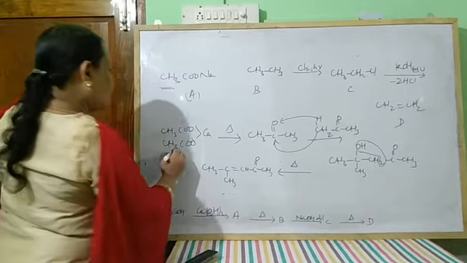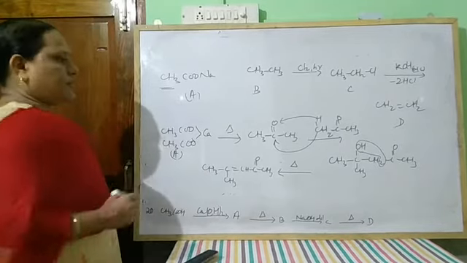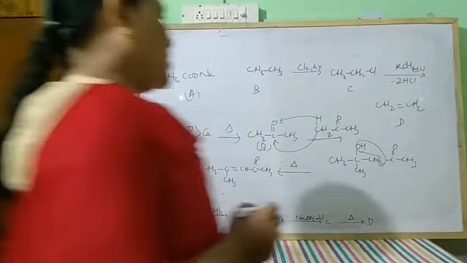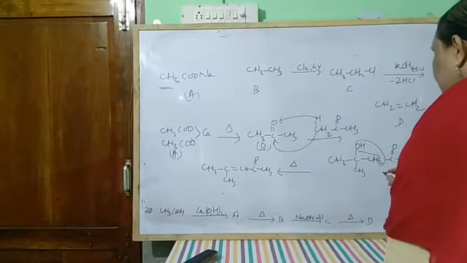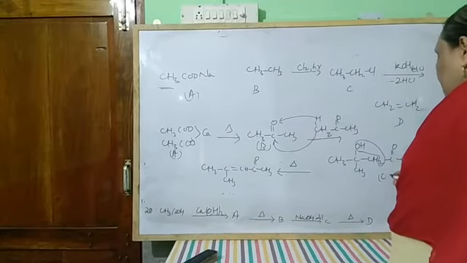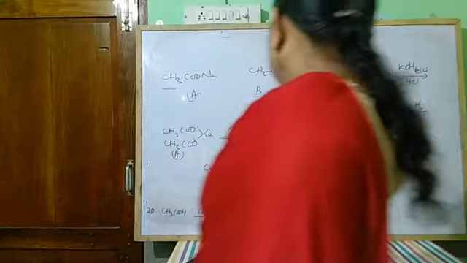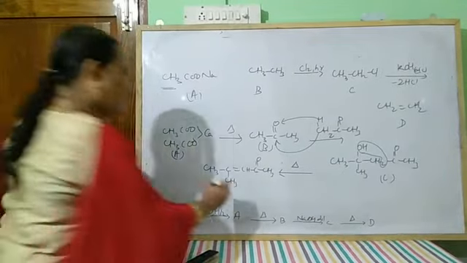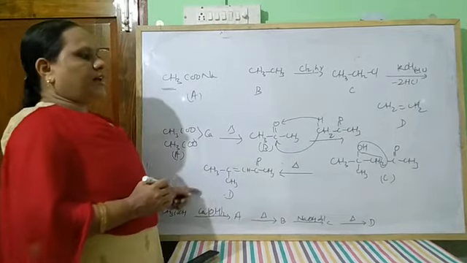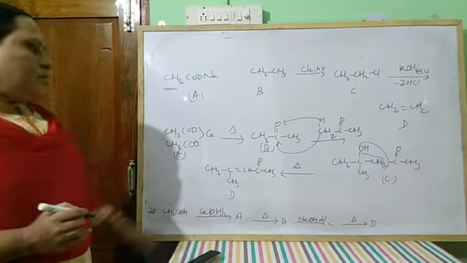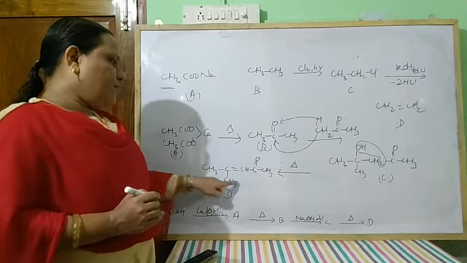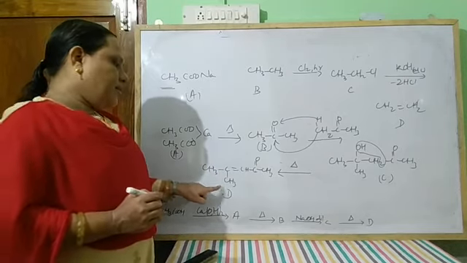Okay, so A is calcium acetate, B acetone, then C this aldol product, and D unsaturated alpha beta ketone.